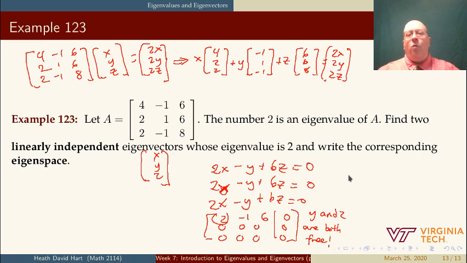And so what we end up having here is the top row says that 2 times x is equal to y minus 6z. So in other words, x is equal to 1/2 y minus 3z.